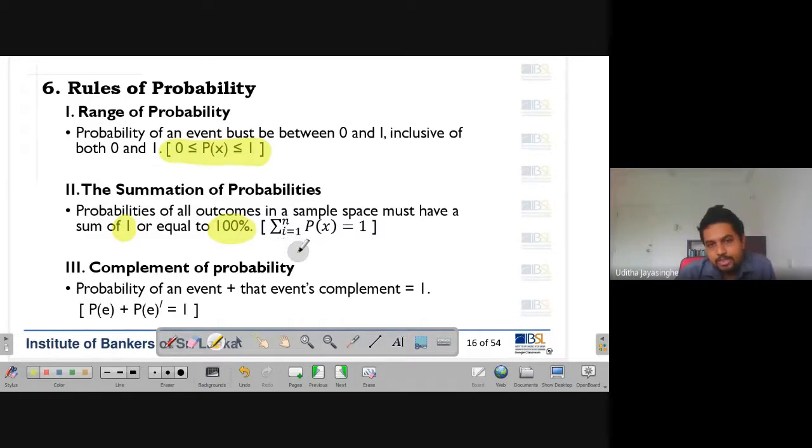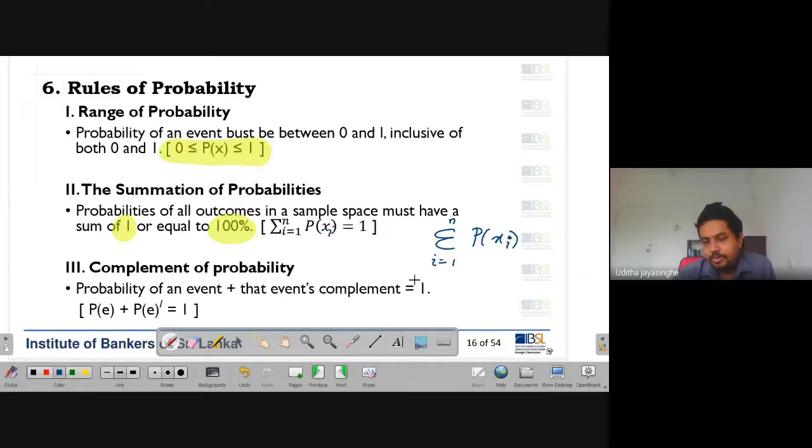This means, for this to be perfect, this has to be sigma i equals 1 to n p(x_i). Sorry students, this i is missing here. Why do I need the i?